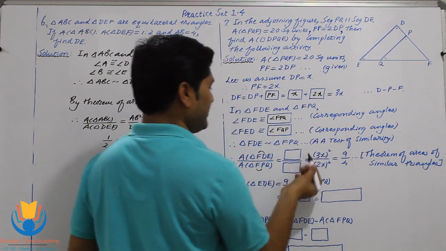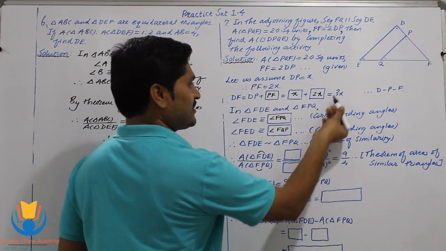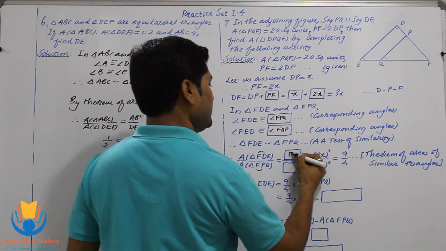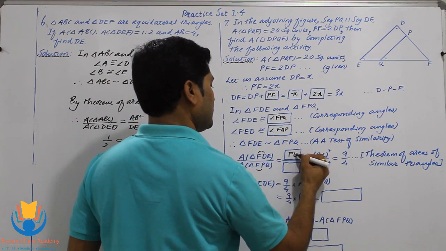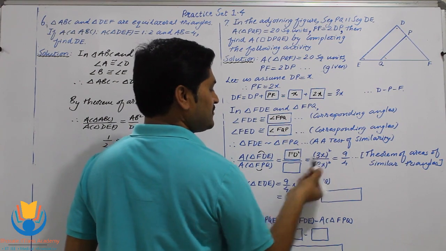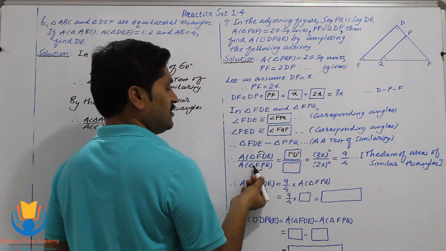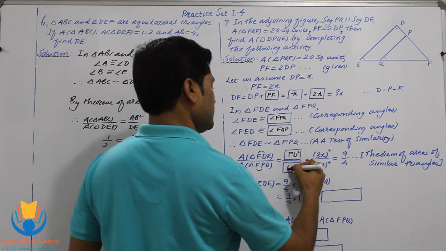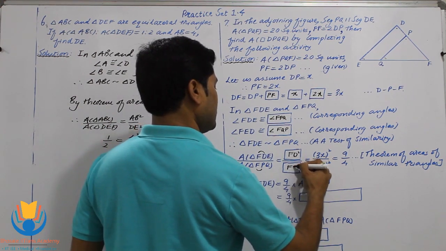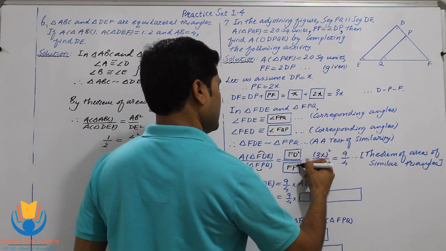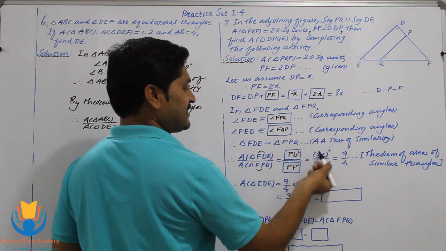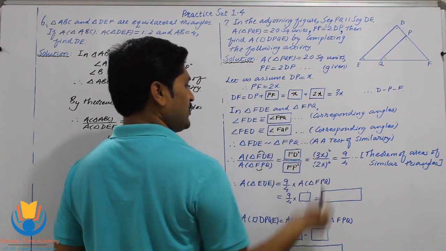The value of FD is 3x, and here we can put PF as 2x.